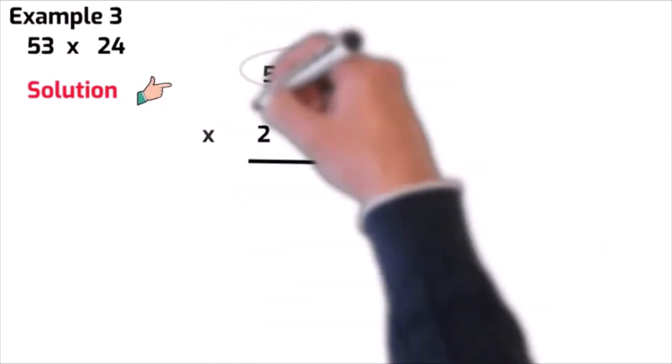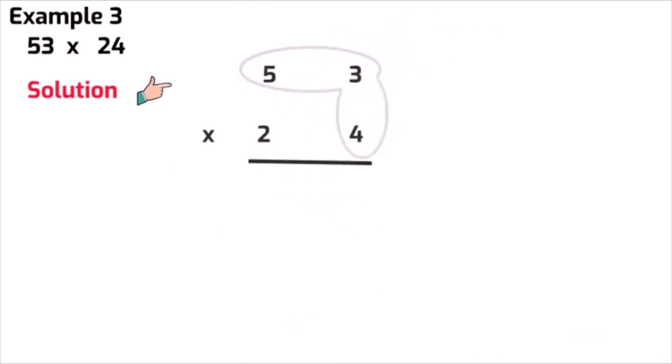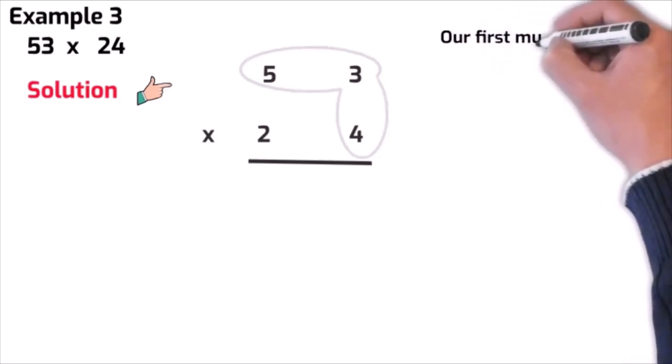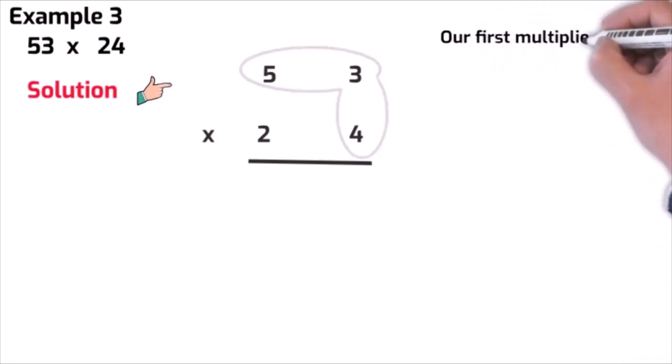Next, we multiply with our first multiplier. Our first multiplier is 4.